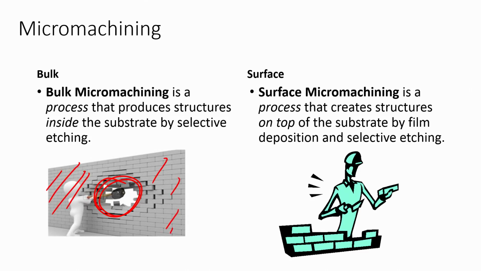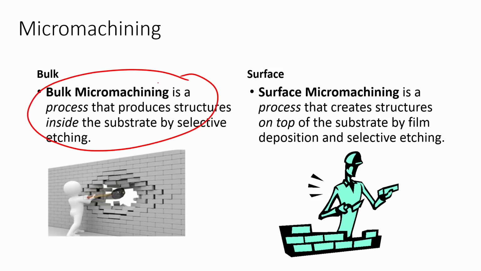So, selectively breaking or etching something within a substrate we can define as bulk micro machining, right. We will see a better example.